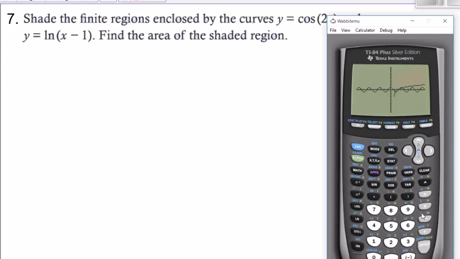It's too small. So what I can do is zoom. I just want to select this particular area that seems to be having a lot of activity. Okay, there. Good.